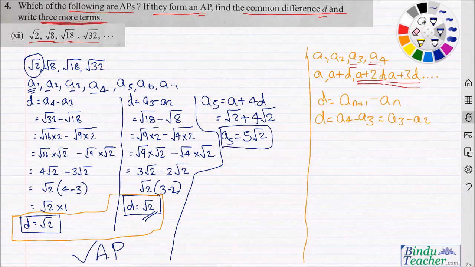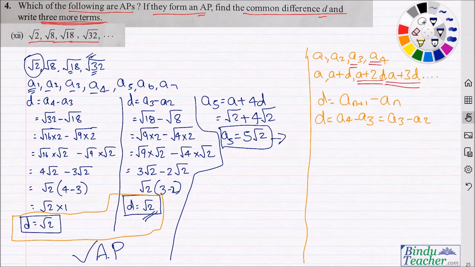Now here, if you look at the value of a4 and a3, this is not expressed as multiples of root 2. In fact, the number is presented as a complete number, right? You do not have anything outside the root. So let's convert this value.